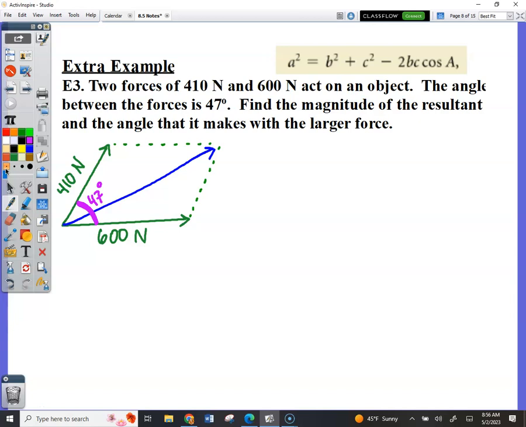Remember, the point of law of sines and cosines was finding missing side lengths or missing angle measures in non-right triangles. Enter the purpose of it here. The goal is we need to know the length of this, and then it says and the angle it makes with the larger force. So we need to know theta right there. So that's the goal.